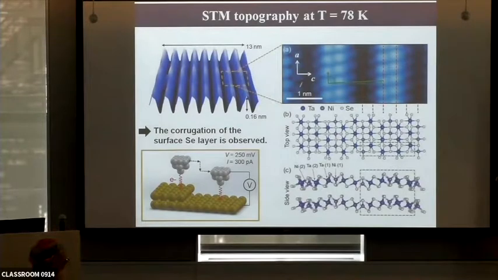When you compare with the crystal structure, the red dotted line is consistent with the atomic arrangement of the selenium atoms in the crystal structure. And the selenium atoms follow the sinusoidal behavior, which matches up with the atomic arrangement of the selenium atoms in the crystal structure.